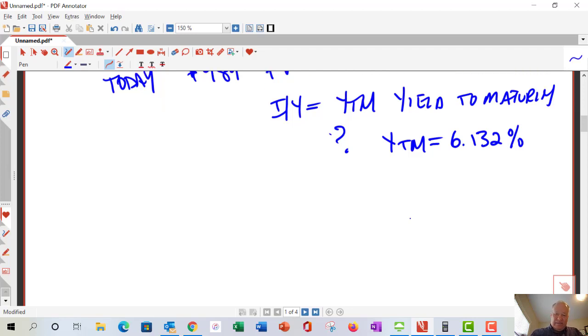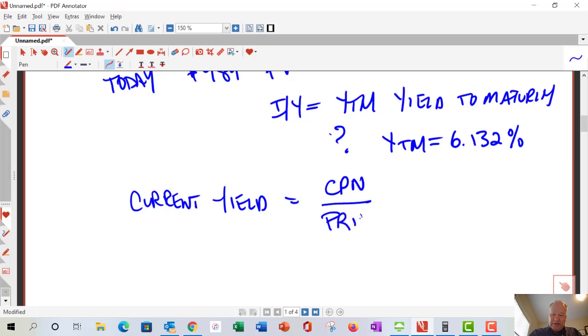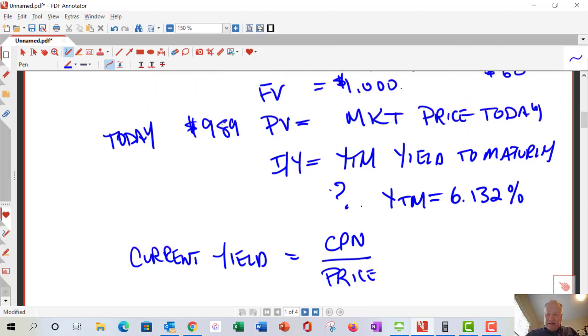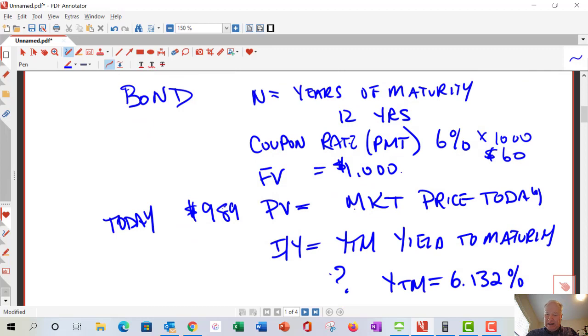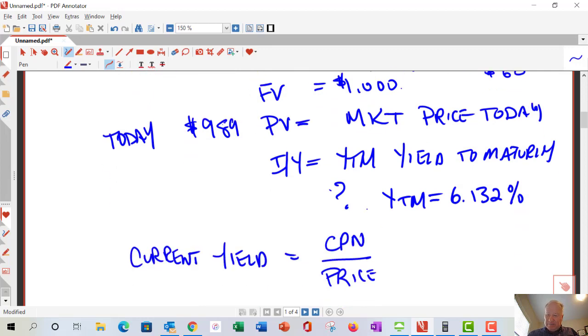But another thing you'll see in the book is the current yield. So don't mix that up with yield to maturity. Current yield is just your current coupon over your price today. So this current yield can vary every day. Yield to maturity is fixed to the maturity of the bond. Let's look at our example here. So we have a $60 coupon.